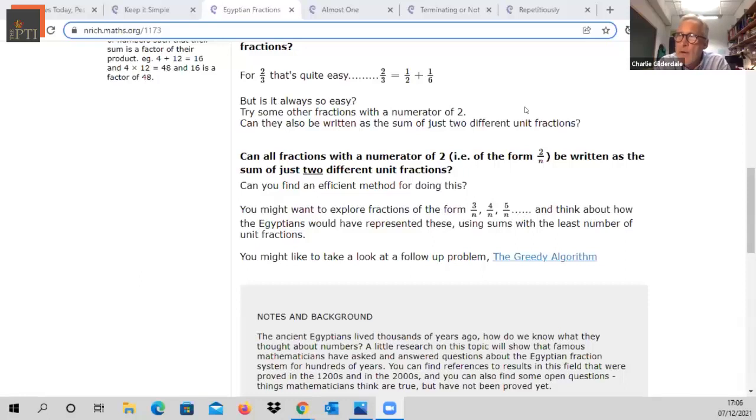I think one of the things that I would want to make a case for is to encourage students to see this with surprise and awe. Because the first time you see this, it is surprising. You can write any fraction with 2 as a numerator as a sum of 2 unit fractions. And it's not immediately obvious the first time you see this problem that this is the case.